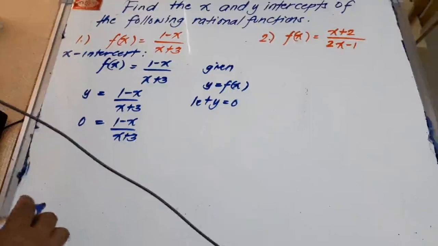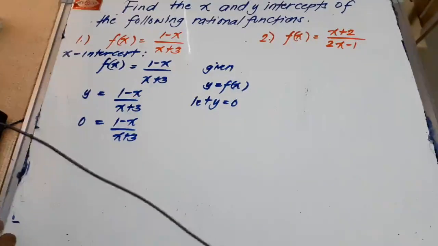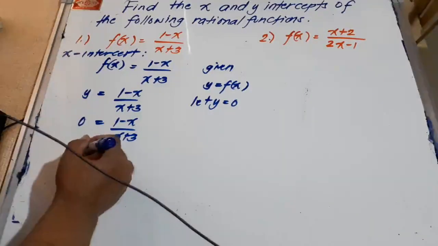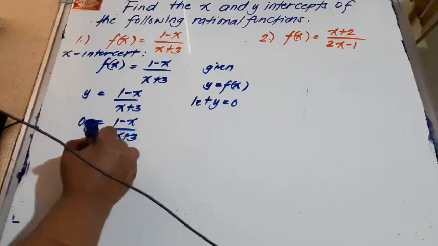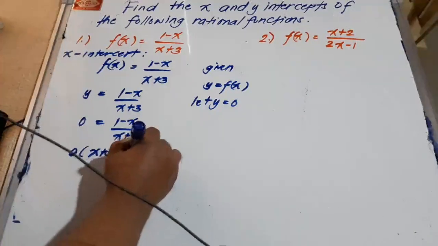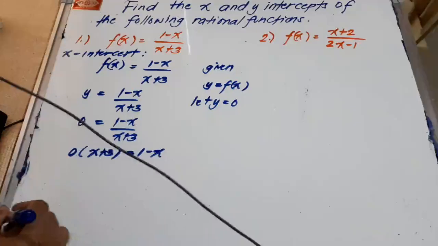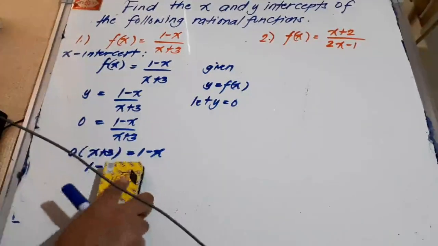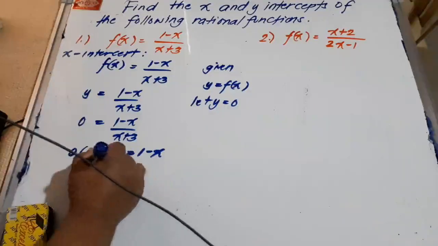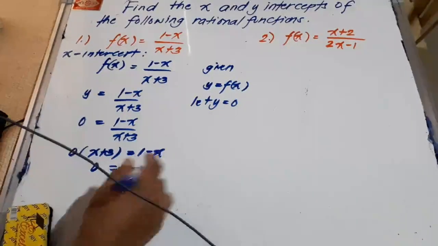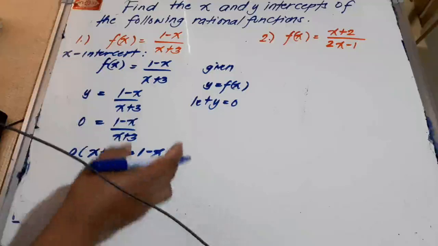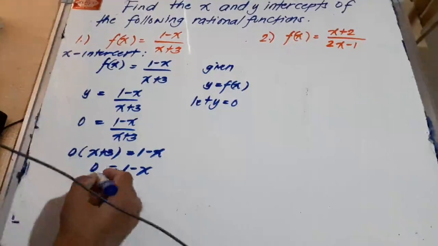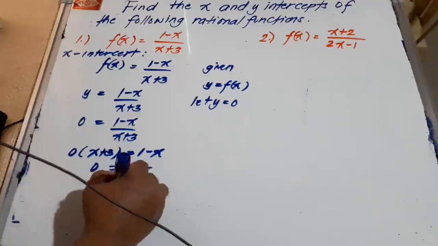Then we cross multiply x plus 3 to 0. So the result is 0 times x plus 3. Therefore, 1 minus x yung natira sa right side of the equation. So, 0 equals 1 minus x. Therefore, transpose negative x to the left side, therefore x equals 1.